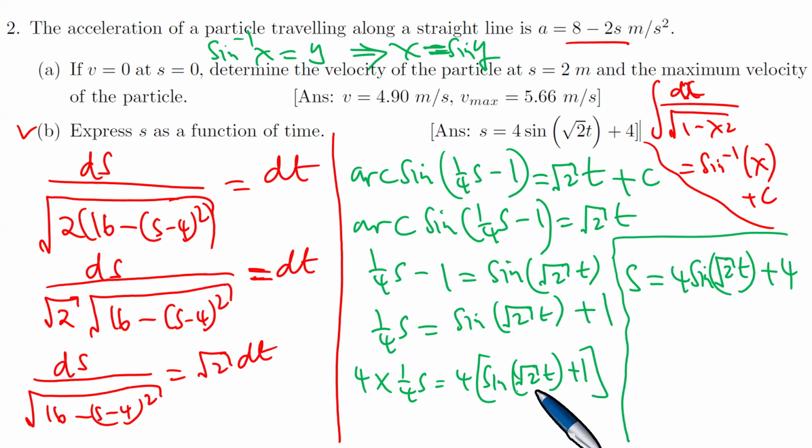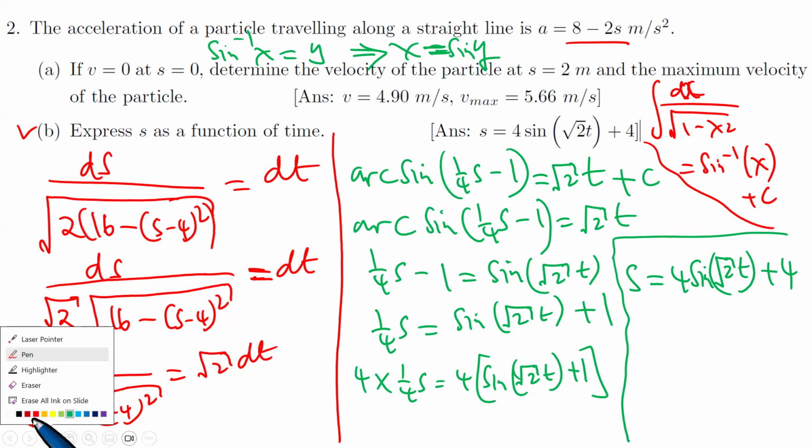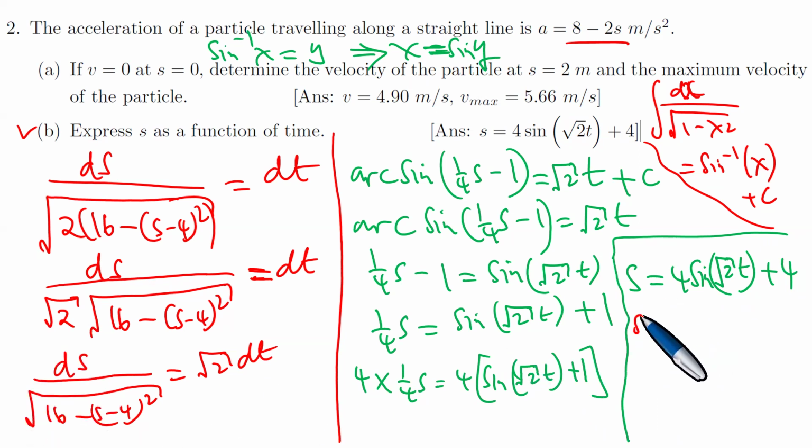And clearly this is the answer. You can also state it as saying that s as a function of t is 4 the sine of the square root of 2t plus 4.